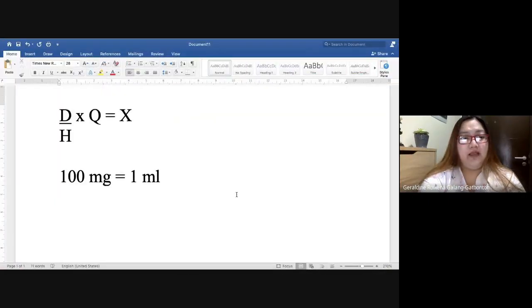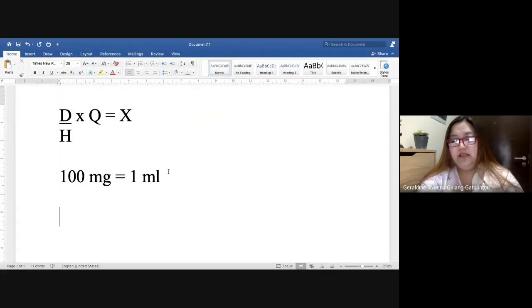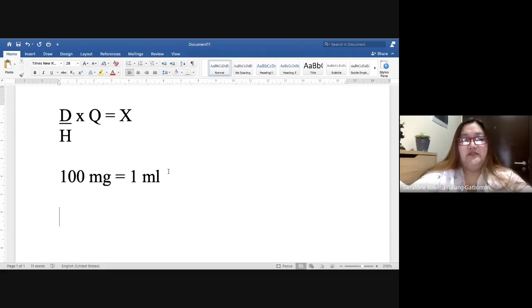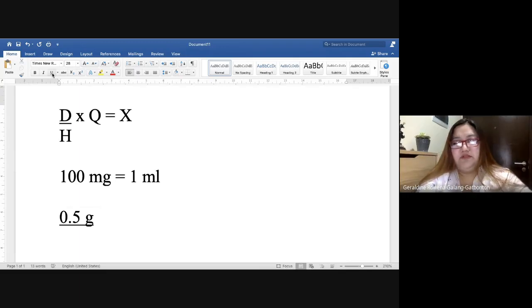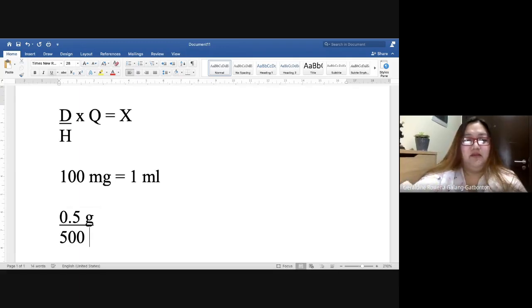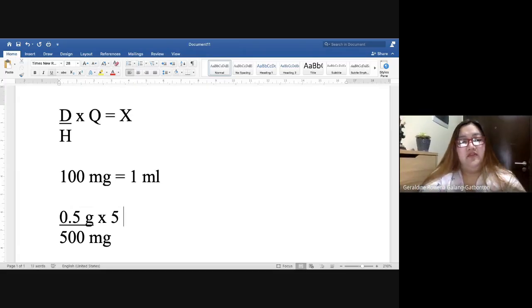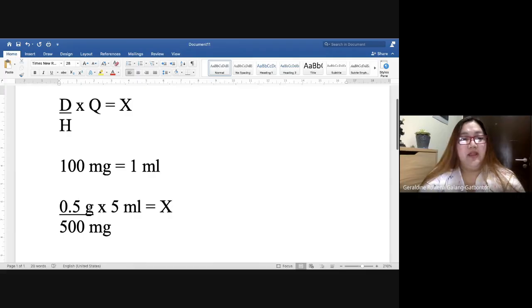Alright? So going back, the D is 0.5 grams. Okay? Your H is 500 mg. And the quantity is, gaano karami ang pinang-dilute natin? 5 ml equals X. You cannot divide a gram to a milligram.